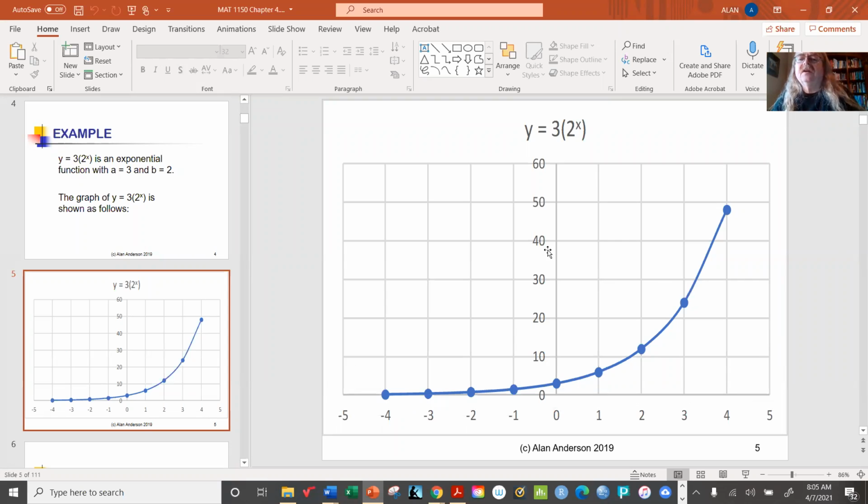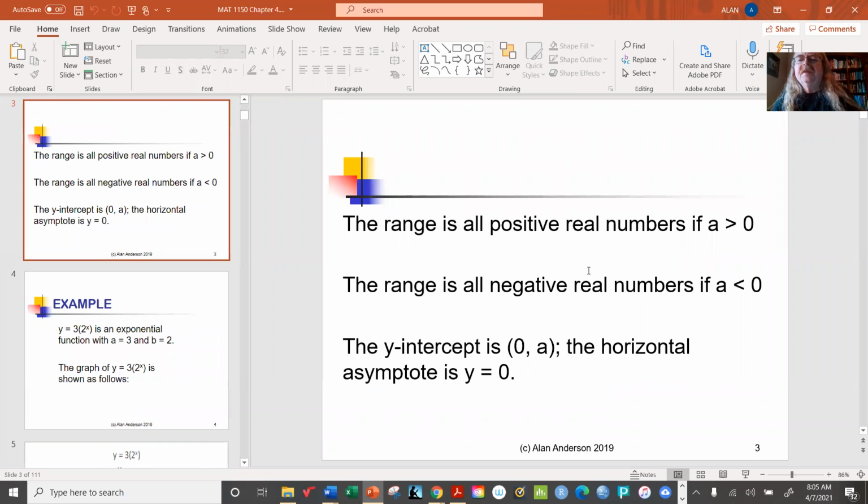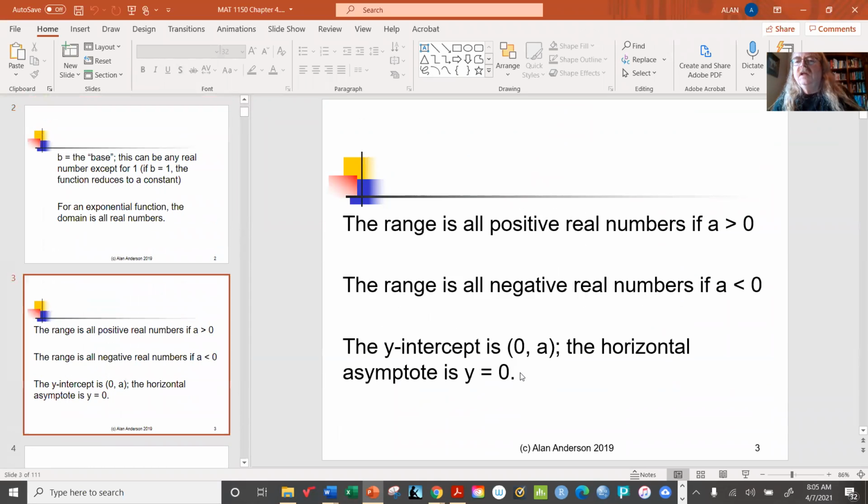It also can't be 0. There's no value of x that would cause this function to be equal to 0. So the domain is all the real numbers, but the range is all the positive real numbers.